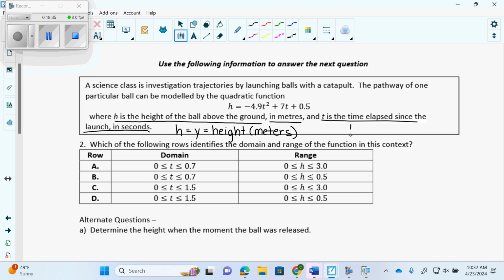So t will be the same as my x in my calculator, which is time elapsed since launch, in seconds.